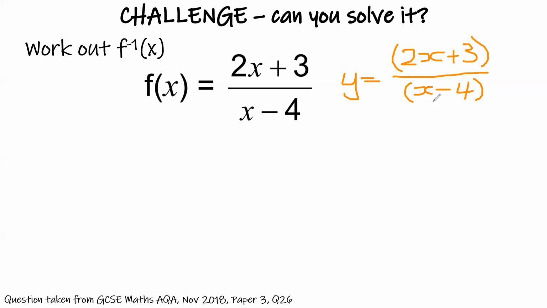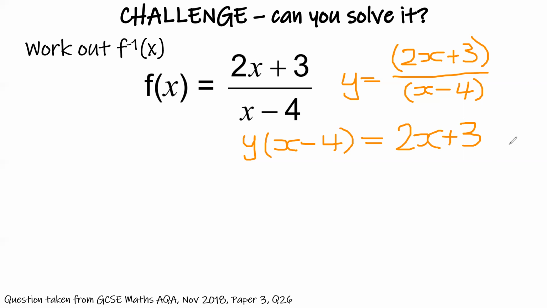So I would start trying to get rid of this algebraic fraction. The way that I'd probably do this is to times both sides by x minus 4. So if we do that, we end up with y in brackets x minus 4, and that equals 2x plus 3. So already this is starting to look a little easier to deal with.